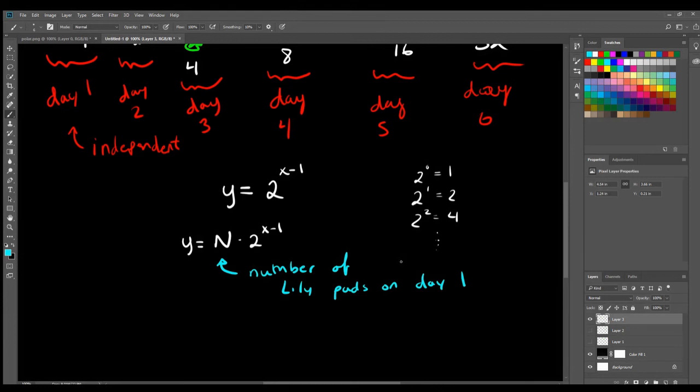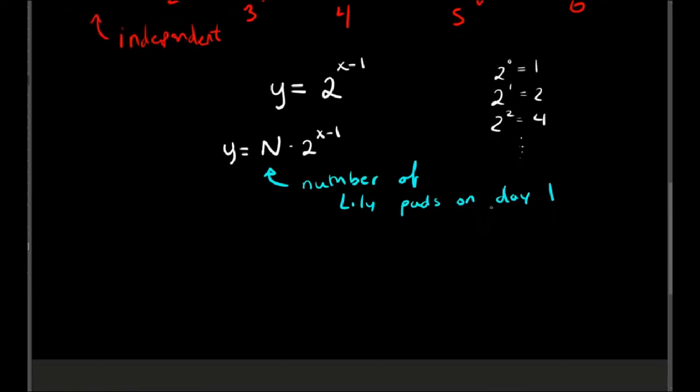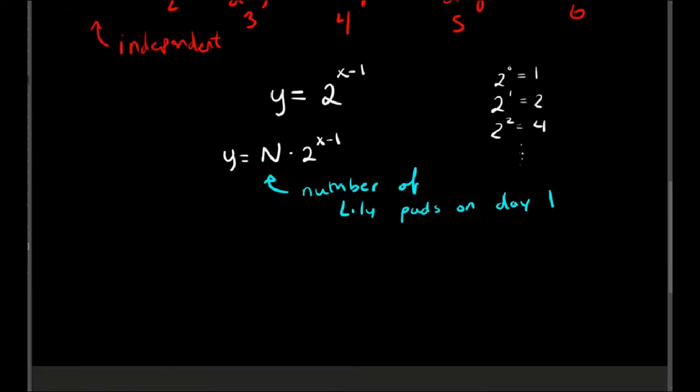This is a perfectly valid equation. I can plug in days for x and get lily pads out for y, but I want to convert this into an exponential using Euler's number, just to practice our properties of exponents and logs.